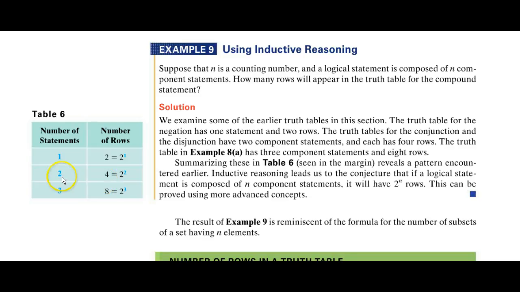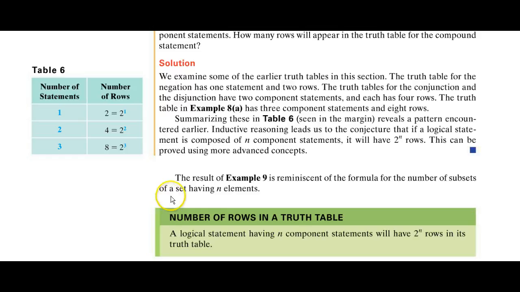If you have 2 statements, you're going to have 4 rows. If you have 3 statements, you're going to have 8 rows. So the formula will be 2 to the n power. And that will be that.